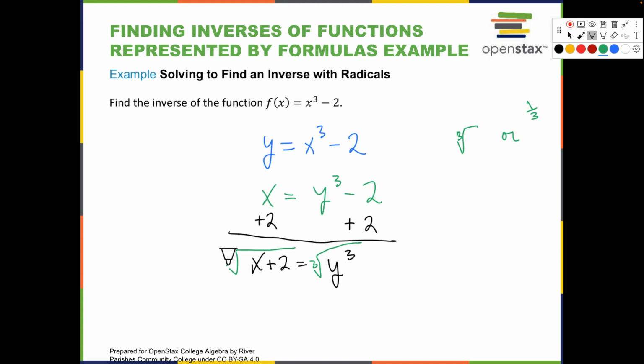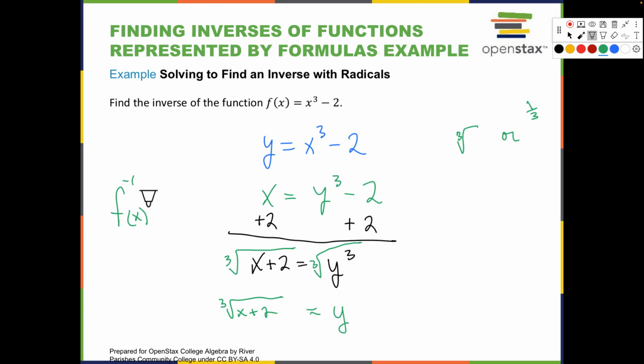We take the cube root of both sides. The cube root of something cubed is just going to be y. And then this is now the cube root of x plus 2. And again, we use inverse notation, so we say this is f inverse of x.